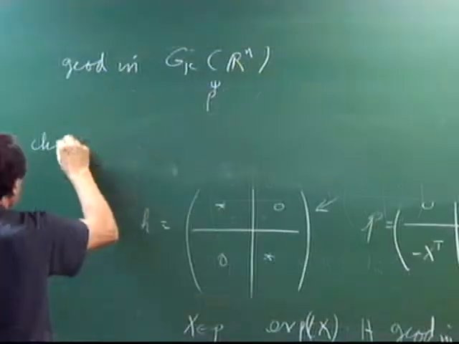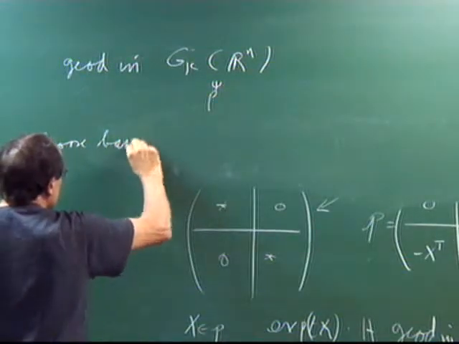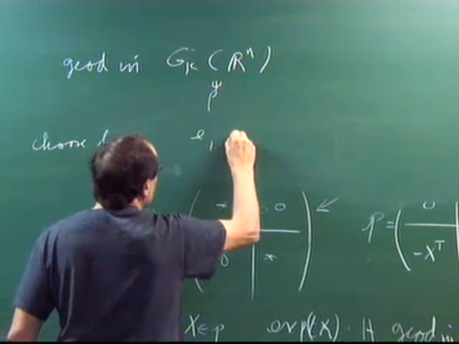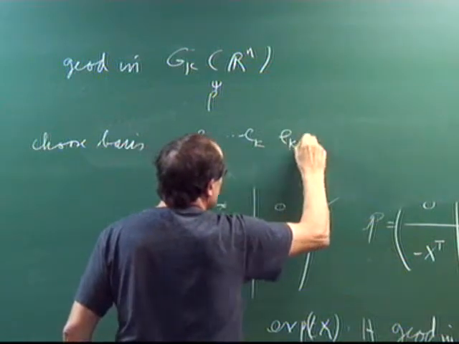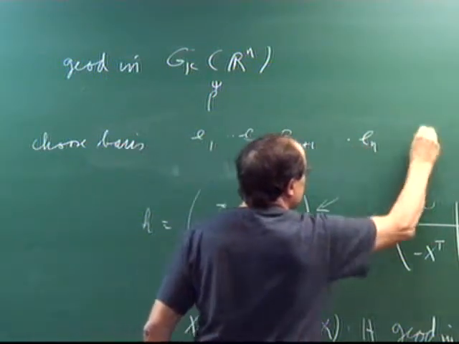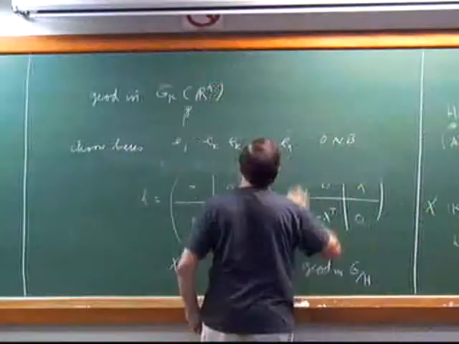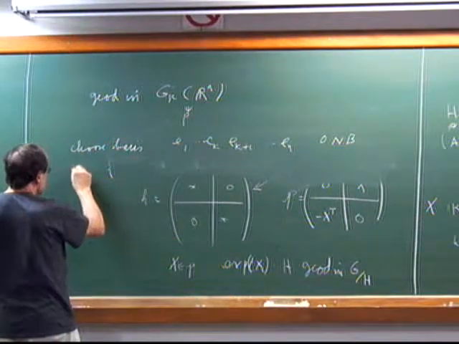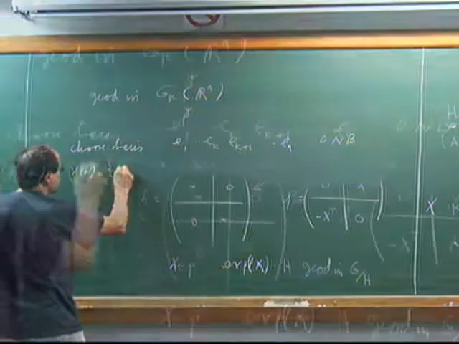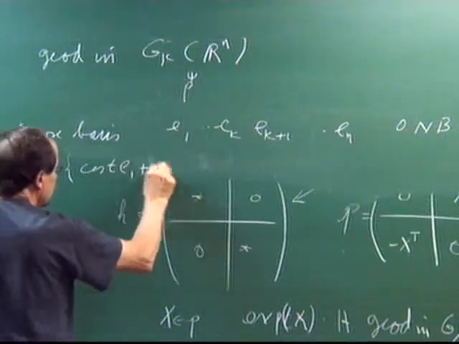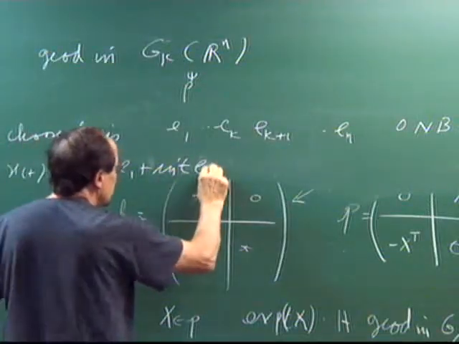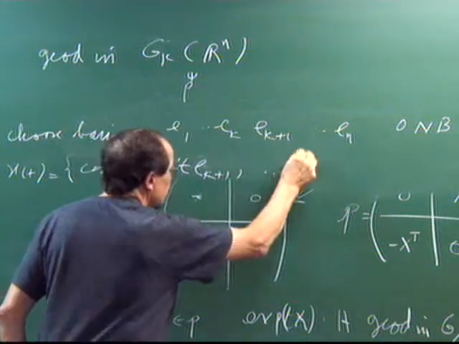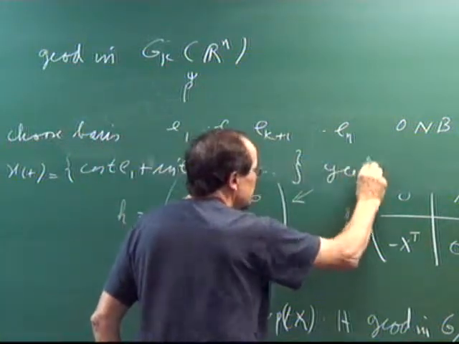Then I can choose a basis, E1 up to Ek, Ek plus 1 up to En, an orthonormal basis. And then anything on that form, the path gamma of t, is cosine t E1 plus sine t Ek plus 1, and so on, is a geodesic in the Grassmannian.